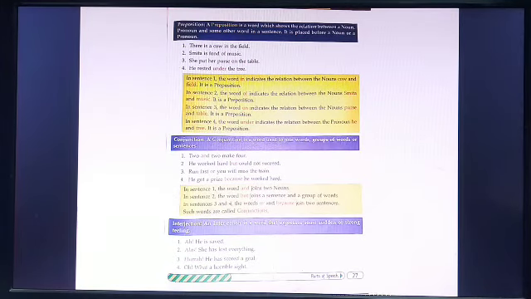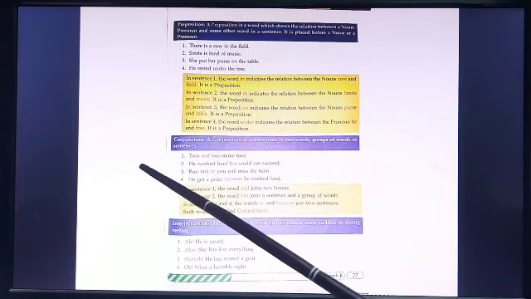Suppose Meeta went to market. Meeta bought some vegetables. These are two separate sentences. How are we going to make it into one single sentence? Meeta is going to the market and will buy vegetables. Or Meeta is going to the market to buy vegetables. So it becomes one sentence.